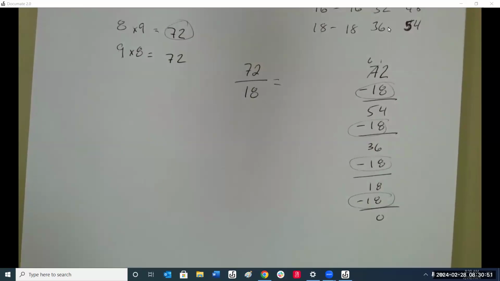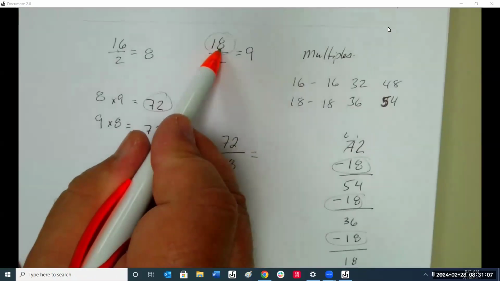And then how many cards would each kid get then? There's 16 students, right? There's 16 students and each box has 18.